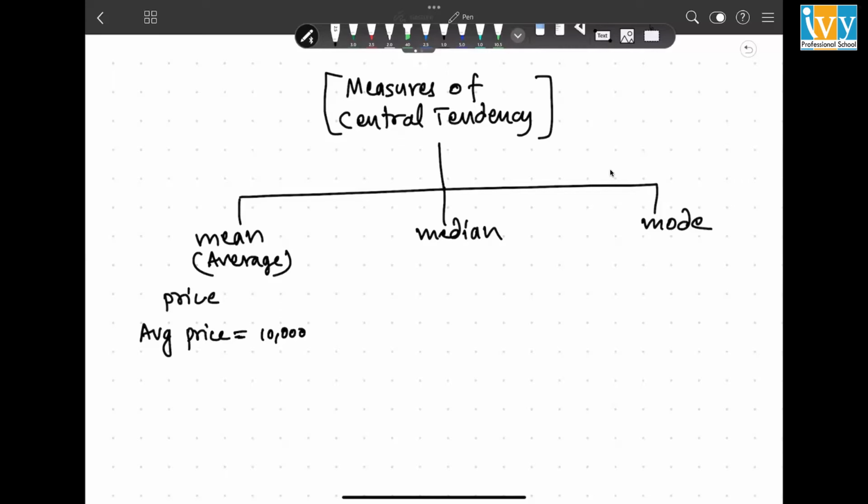It tells you that in the price column there might be values like 11,000 or 10,500 or maybe 9,000, somewhere up to 12,000, right? You get this mental idea that on an average it is 10,000, some values will be higher, some values will be lower. But typically it will be 10,000.